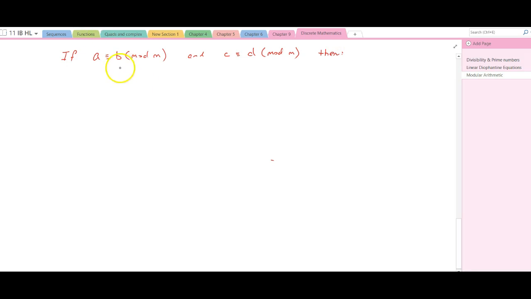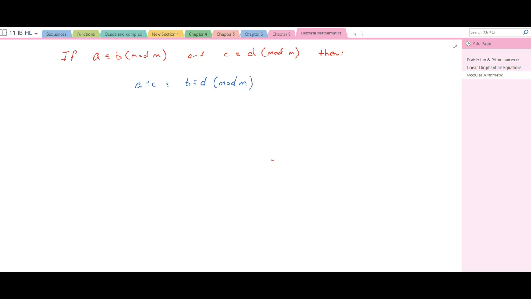Well, we know that we can say A plus C, or in fact A minus C as well, so A plus or minus C, will be the equivalent of B plus or minus D in mod M. So we can add and subtract our modular statements, our congruency statements.